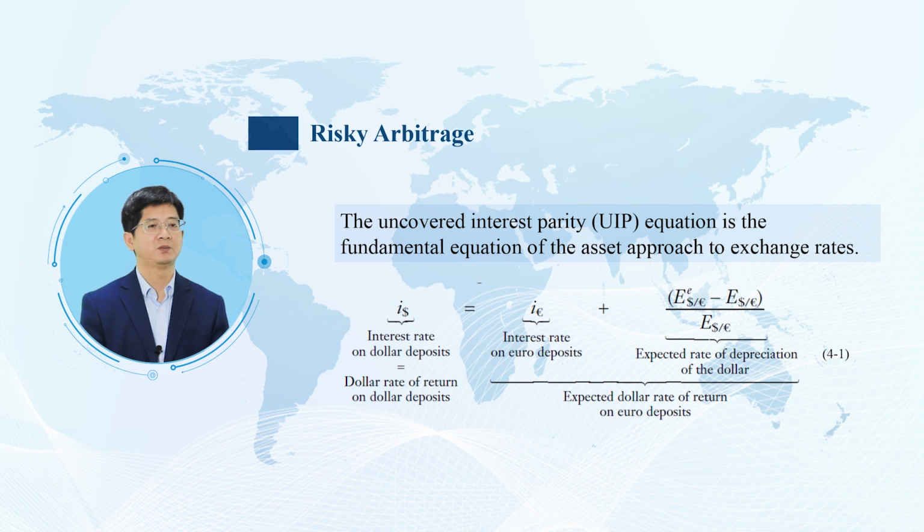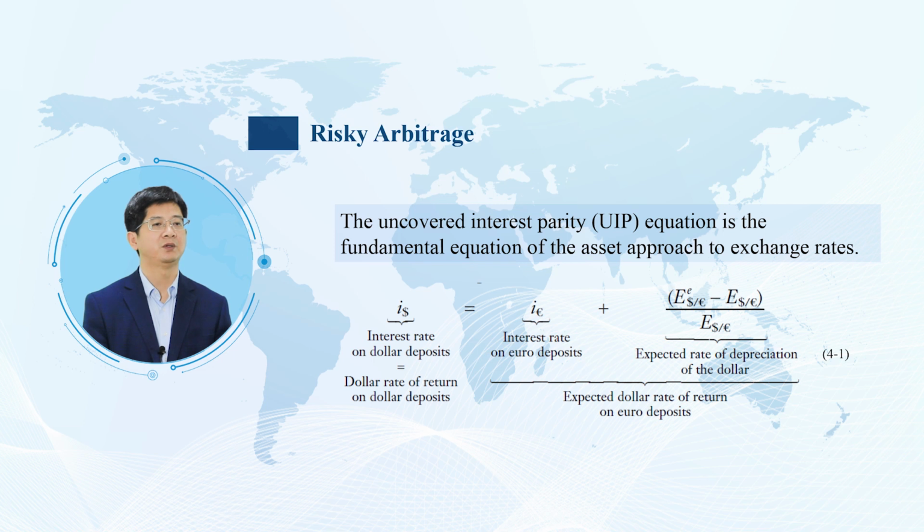Exchange rate E of dollars per euro is today's exchange rate, and expected exchange rate E^e dollars per euro is the expected future exchange rate that will prevail 1 year ahead. So, interest rate on dollar deposits is equal to interest rate on euro deposits plus expected rate of depreciation of the dollar.